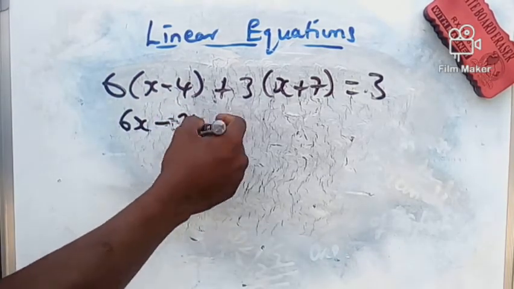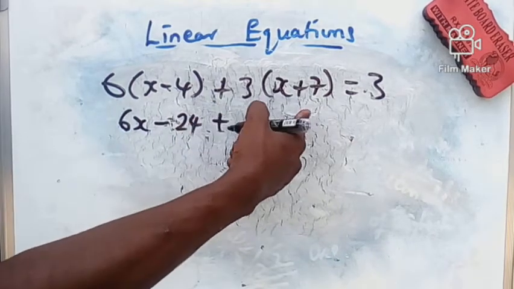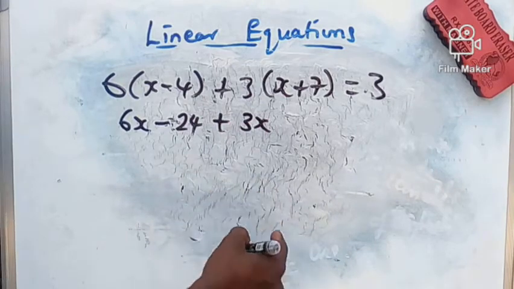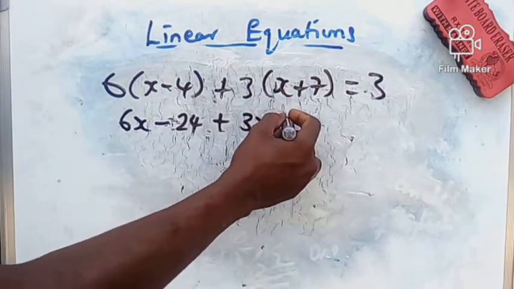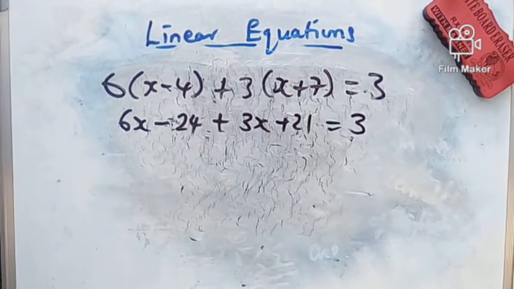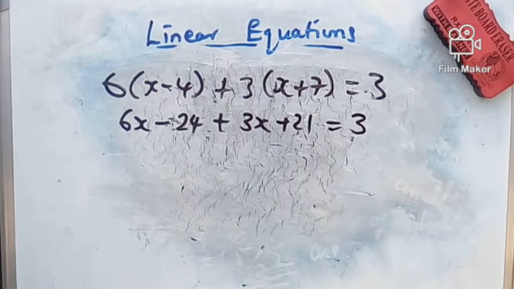Then we have plus 3 times x, we have 3x, and 3 times 7, we have 21. And that is equal to 3.